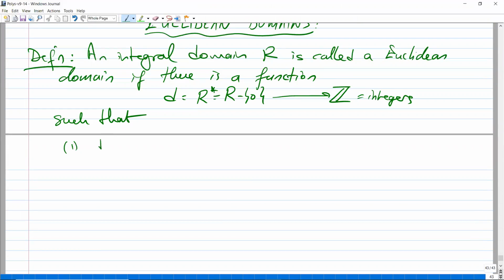One is d of r is greater than or equal to 0 for every r in R star.